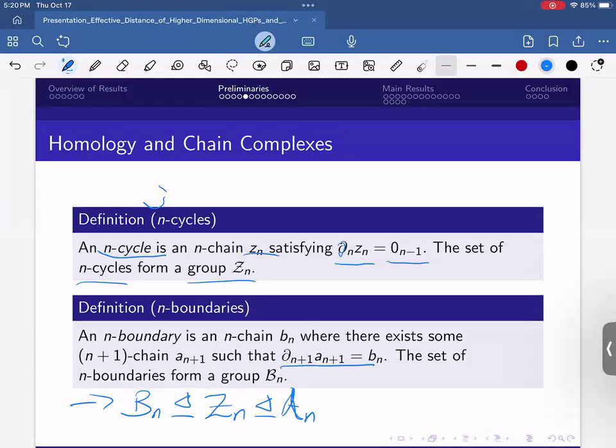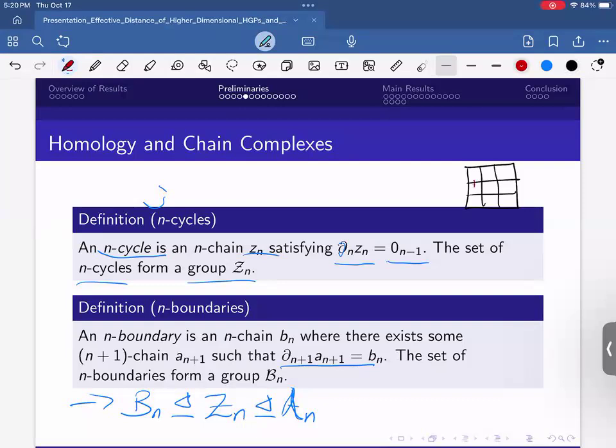And yeah, I can give an example. If we draw a torus here, just imagine that the left side and right side are actually connected. An N cycle could be something that looks like this.